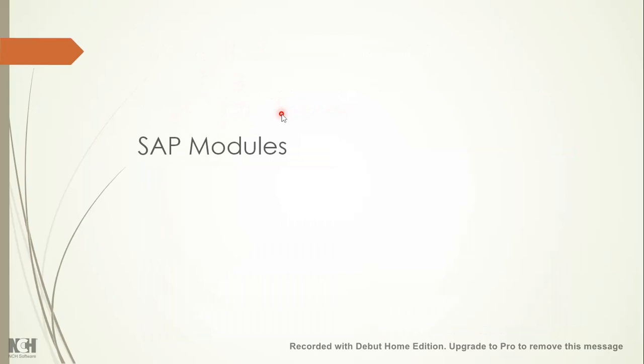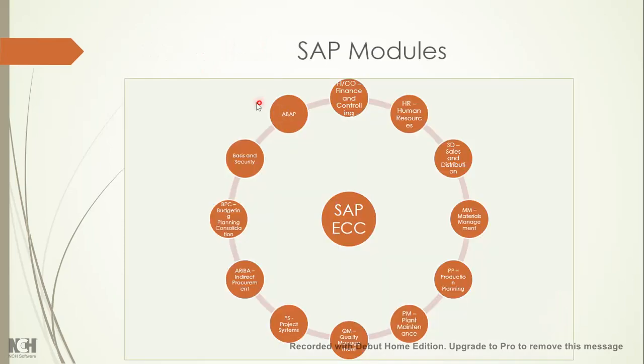So now let's understand what are the different SAP modules. So these are the main primary major modules within SAP. So FICO, Finance and Controlling, HR, Human Resources, SD, Sales and Distribution, MM, Materials Management, PP, Production Planning, PM, Plant Maintenance, QM, Quality Management, PS, Project System.